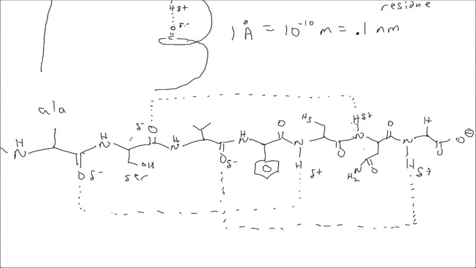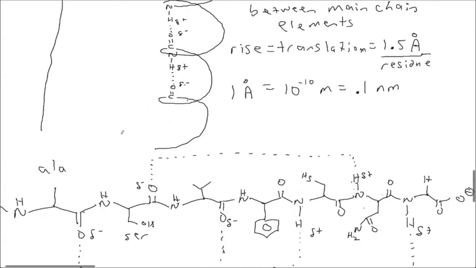0.1 or 1 angstrom. 1.5 angstroms over 7. Say again? 1.5 over 7. Not quite sure what you mean by the over 7. Is it the rise is equal to 1.5 angstroms over the residue? Oh, okay. I think I might not have explained this clearly. The rise is 1.5 angstroms per residue.